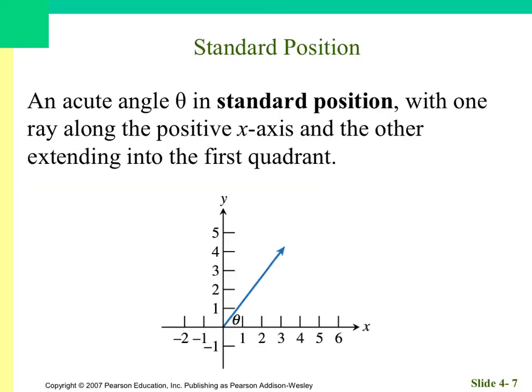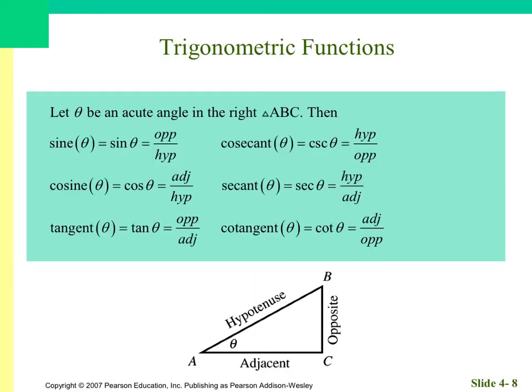Alright. An acute angle in standard position with one ray along the positive x-axis and the other extending into the first quadrant. It's got to be in the first quadrant because acute means between 0 and 90 degrees. See, here's the SOHCAHTOA. Sine equals opposite over hypotenuse.